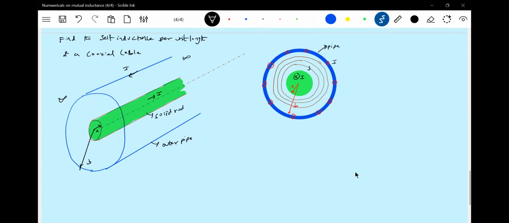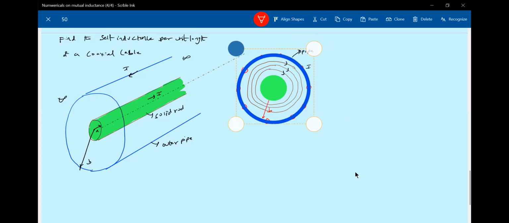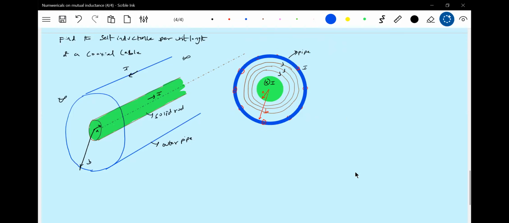So now what is the question that is asked? Self-inductance per unit length is asked. There's one diagram, some magnetic field region, where the magnetic field is there in the gap between.